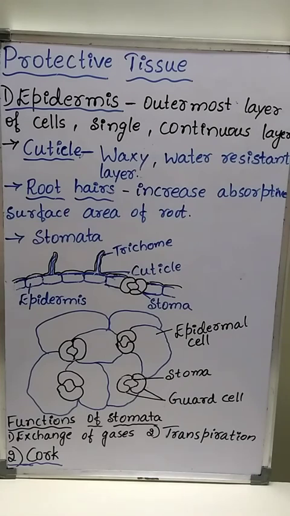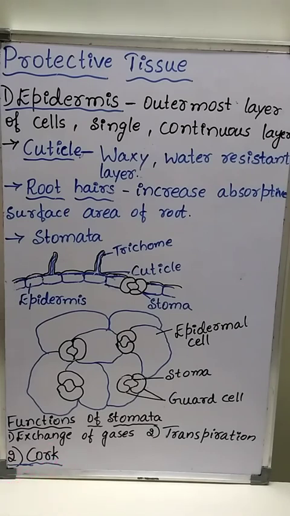That secondary meristematic tissue gives rise to cork. The cells of the cork are dead cells, and these dead cells are compactly arranged.